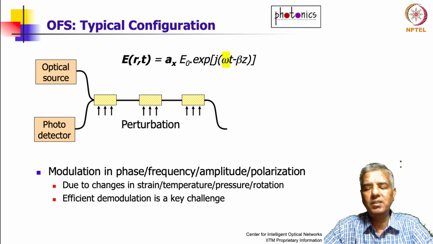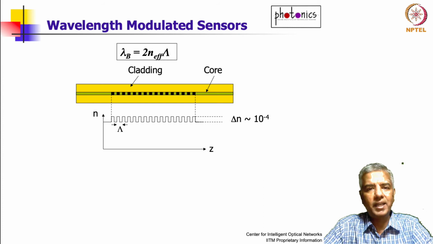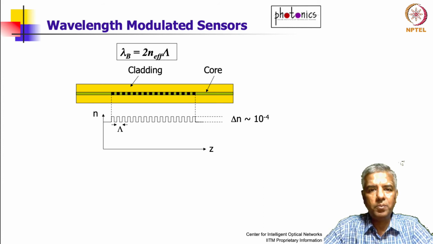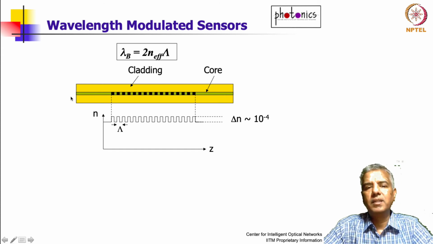So let's see how a wavelength encoded sensor would work. One example of a wavelength modulated sensor is what we call a fiber Bragg grating. Now, what is a fiber Bragg grating? We're looking at, say, the core of the optical fiber, which is surrounded by the cladding.